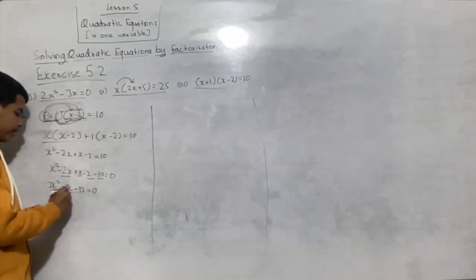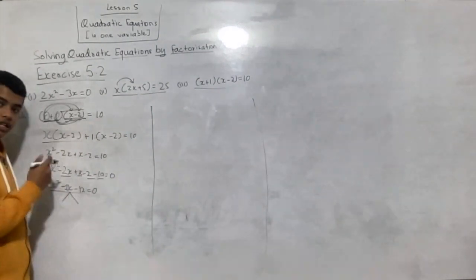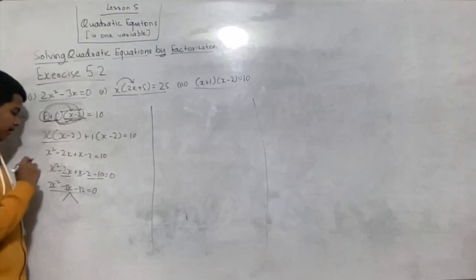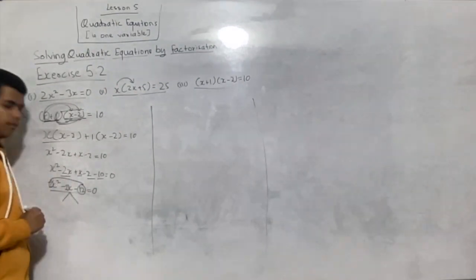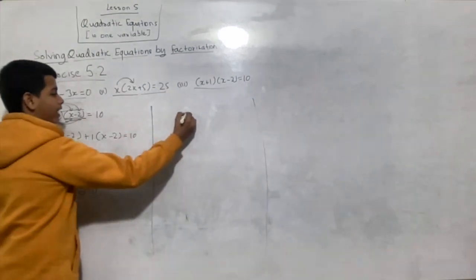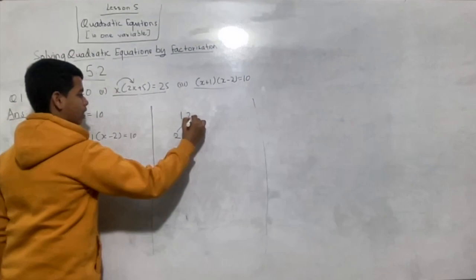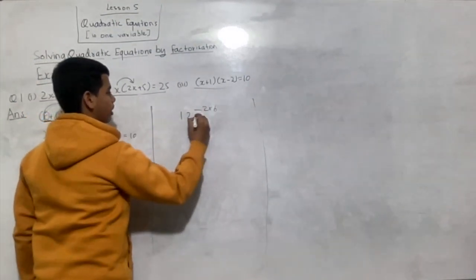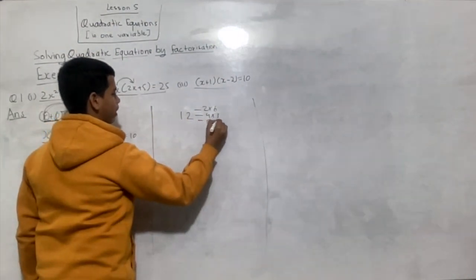Now I have to split 1x into two numbers such that the product of these two numbers should be equal to minus 12. Why? Because minus 12 into 1 is minus 12. So I'll write the factors of 12: 2 into 6 is 12, 4 into 3 is 12, and 12 into 1 is 12.